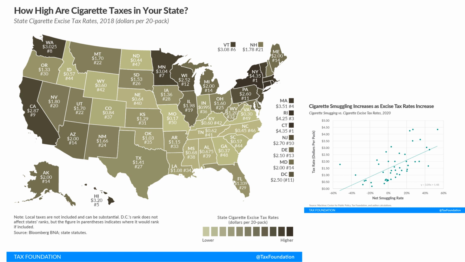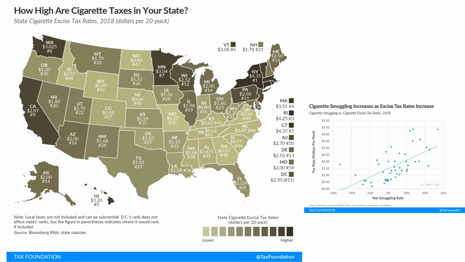It's a real problem where people will load up vans or trucks full of low tax cigarettes. They'll go to New York and then have kind of a black market sale of untaxed cigarettes. And that's what this figure shows, it's hard to see, but the Tax Foundation did a regression analysis looking at how much an increase in cigarette taxes is associated with increased smuggling rates.